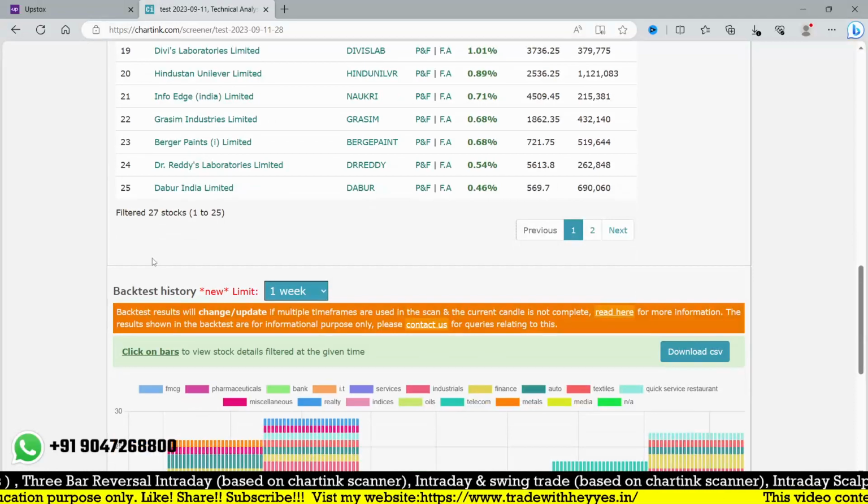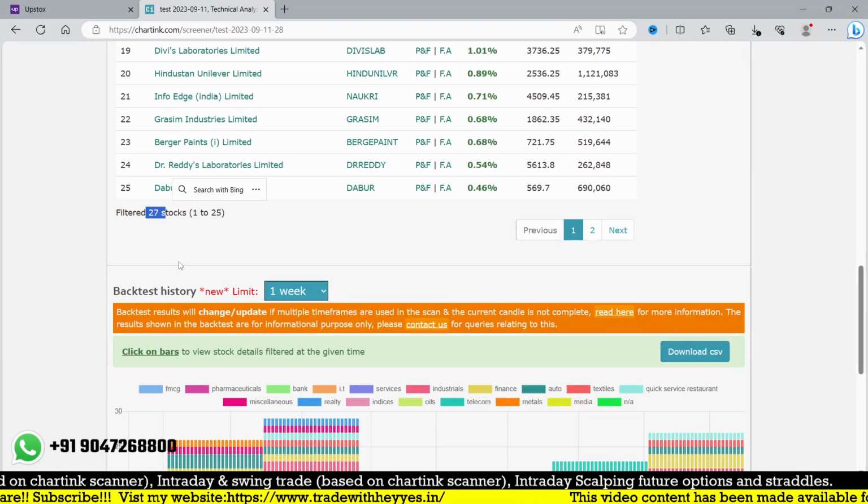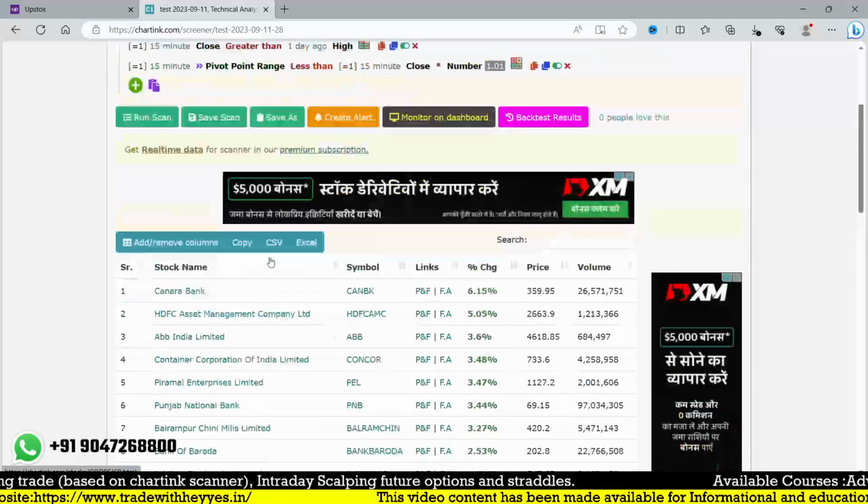Yeah, you can see we are filtering almost the same stocks.